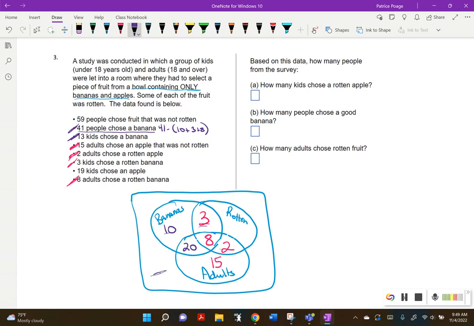So that would be here and here. Can't do that yet. So back up at the top. 59 people chose fruit that was not rotten. So completely cover up the rotten circle with your thumb, and that leaves 10, 20, 15, and the outside number. And so we can do 59 minus 10 plus 20 plus 15, and that leaves us with 14.